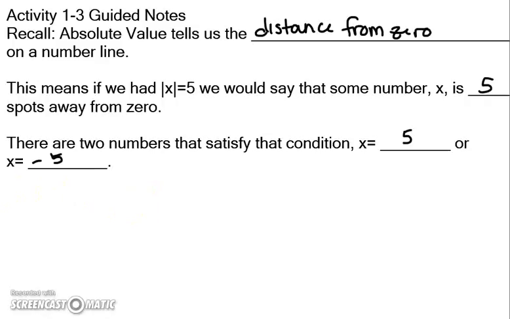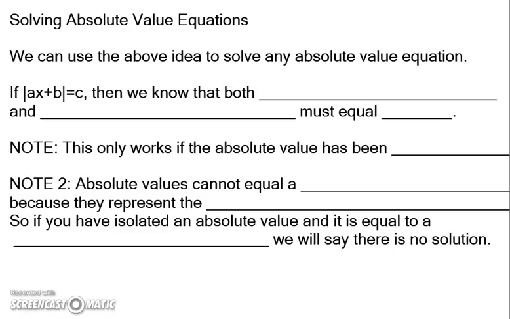Now, we're going to use that idea to solve absolute value equations. So before, when we had absolute value of x equals 5, we said both x equals 5 and x equals negative 5. So the thing that we had on the inside of our absolute value was both positive and negative.